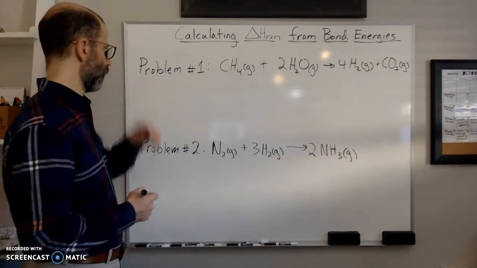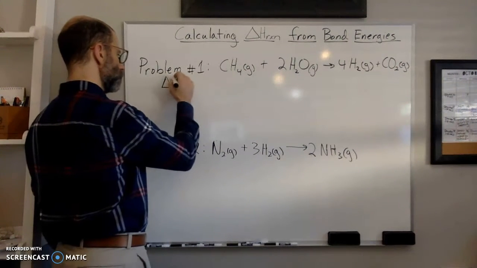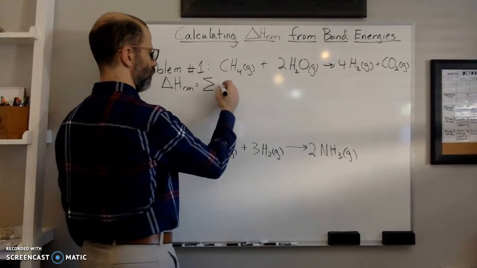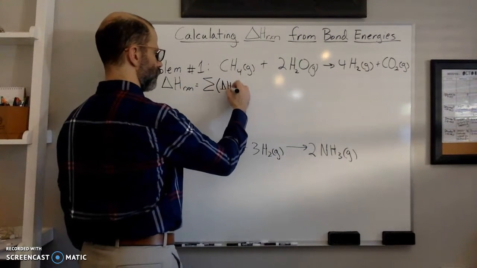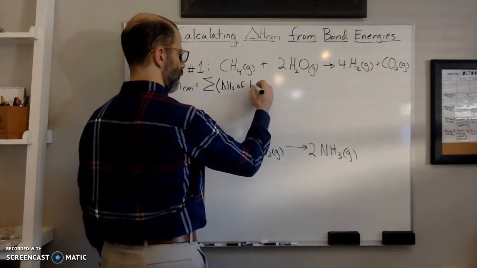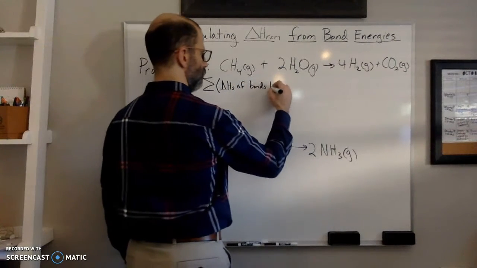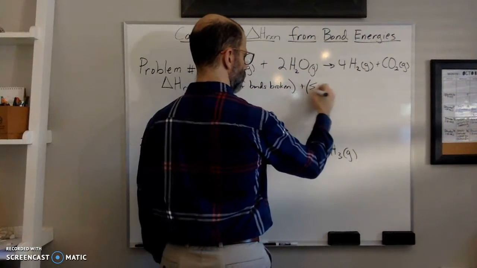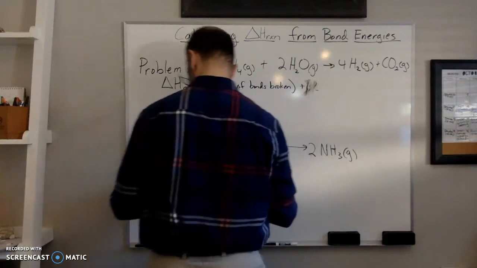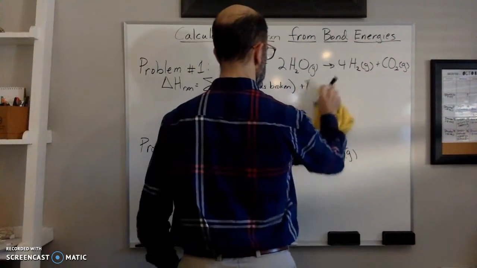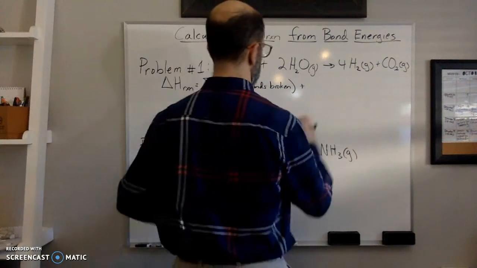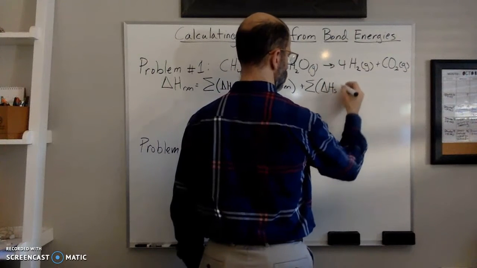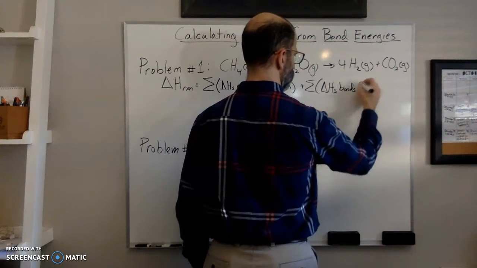So the equation that you're going to want to use is delta H of your reaction is equal to the sum of the delta H's of bonds broken plus the sum of the delta H's of bonds formed.